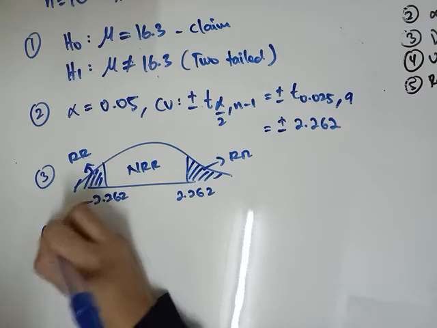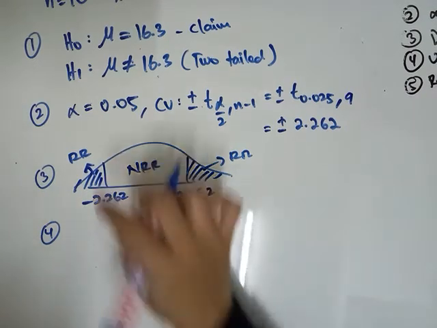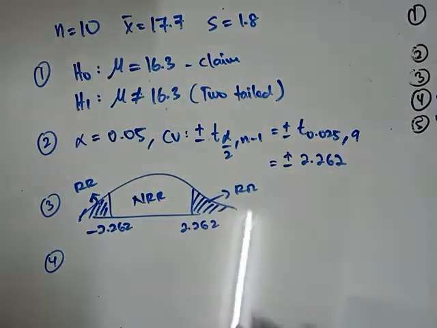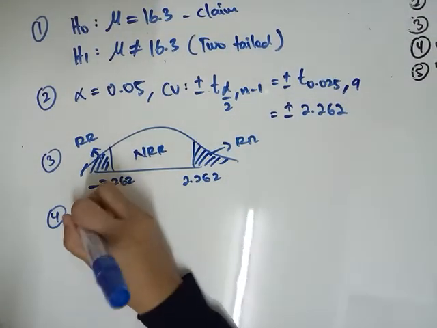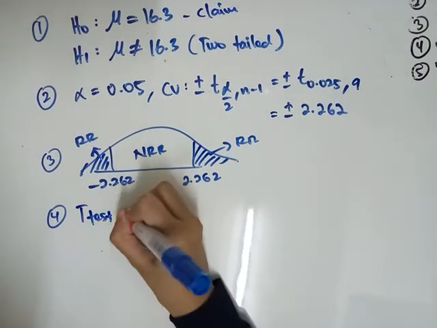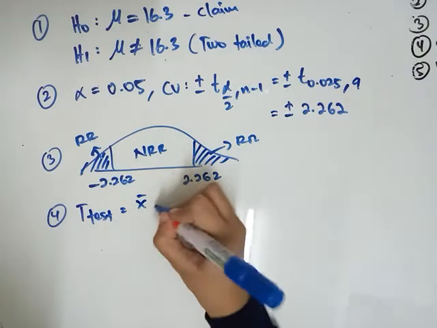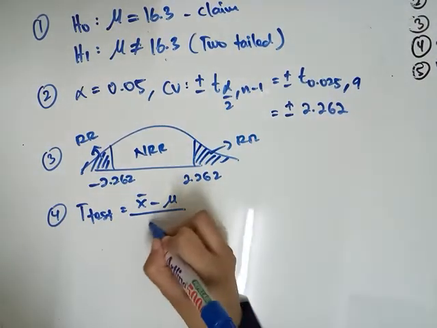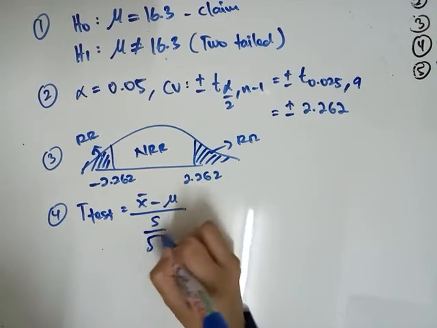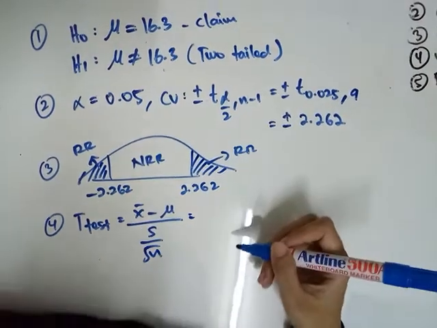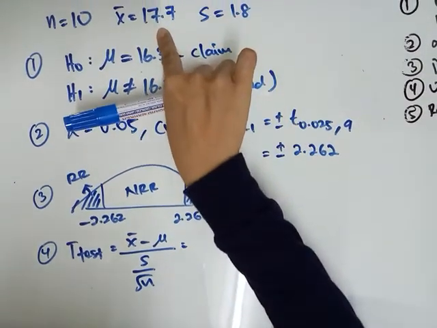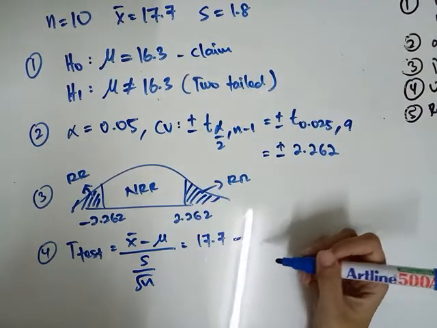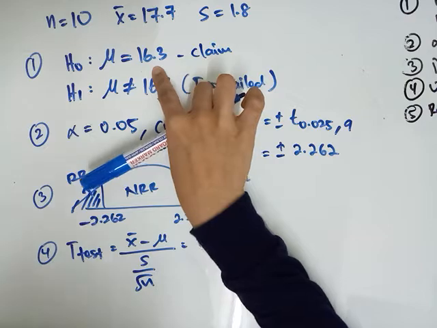Then step 4, use formula. Okay, since the sample size is small, less than 30, use the t-test formula. It is equal sample mean minus population mean divided by sample standard deviation over square root sample size. So we know that sample mean is 17.7 minus population mean is 16.3.